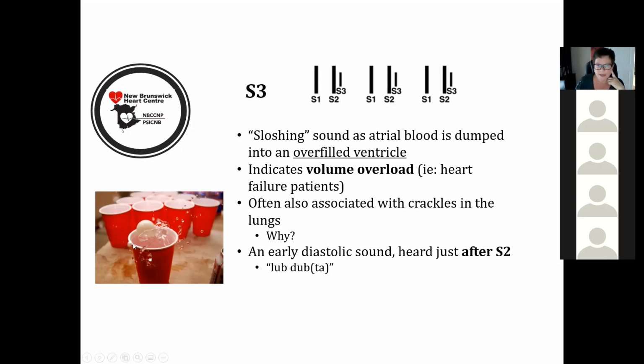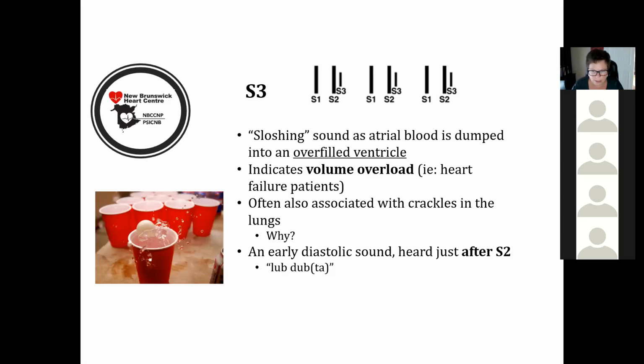So think about this pong ball as the blood coming from the atria. And the fluid that's in this glass or cup is the overstated volume in the left ventricle. And when it plops down, it makes a sloshing sound. And you will hear it in very early diastole.